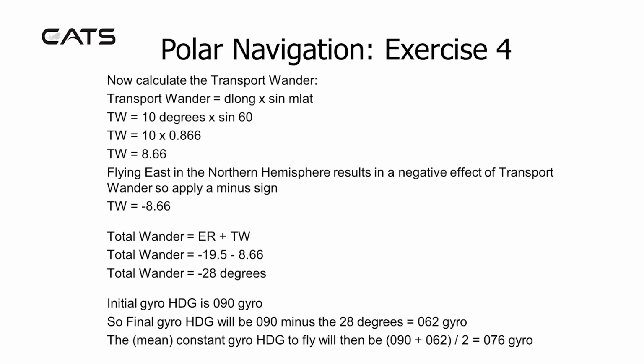The mean constant gyro heading to fly then will be an average of the initial gyro heading 090 and the final gyro heading of 062. This comes out to be 076 gyro.